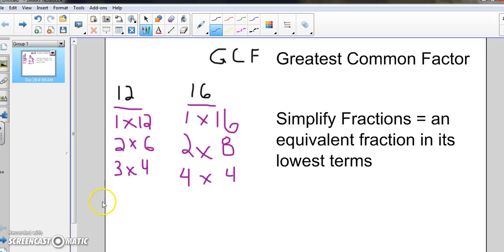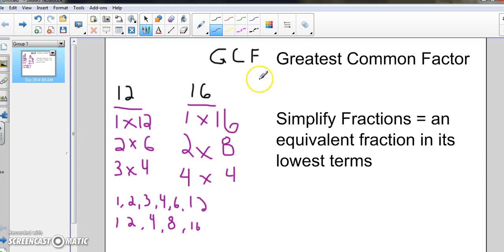Then I place my factors. For 12, you have 1, 2, 3, 4, 6, and 12. 16 is going to be down here: 1, 2, 4, 8, and 16.